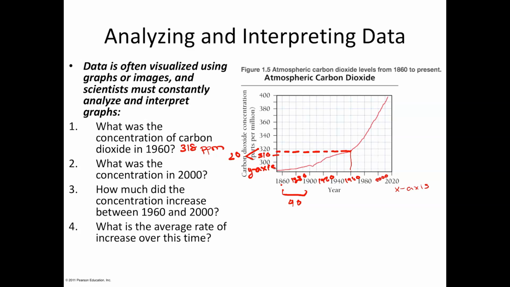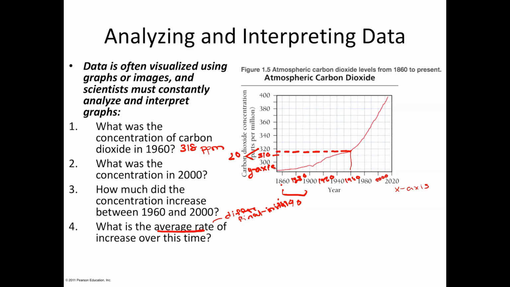For the average rate of increase, you're looking at an average. So you're looking at the difference of your final minus your initial when you're looking at an average over time.